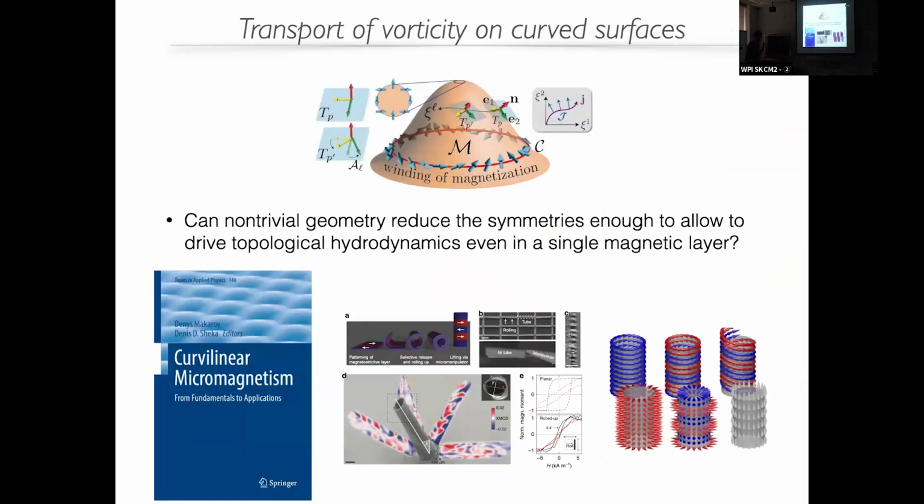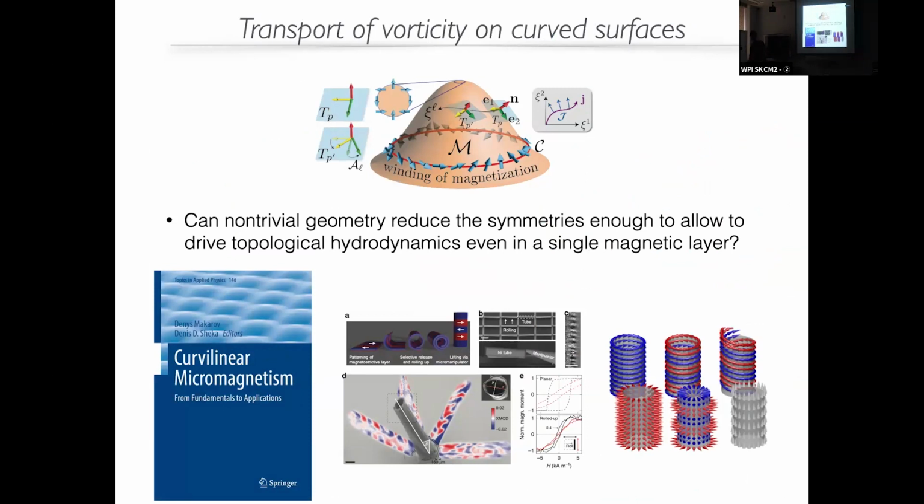For those of you that are not familiar with magnetism, it's worthwhile pointing out that people have been interested, over a number of years, in so-called curvilinear magnetism, or magnetism associated with various non-trivial two-dimensional structures.